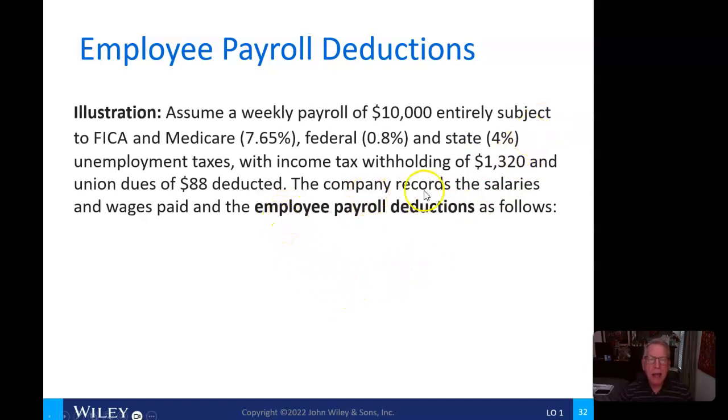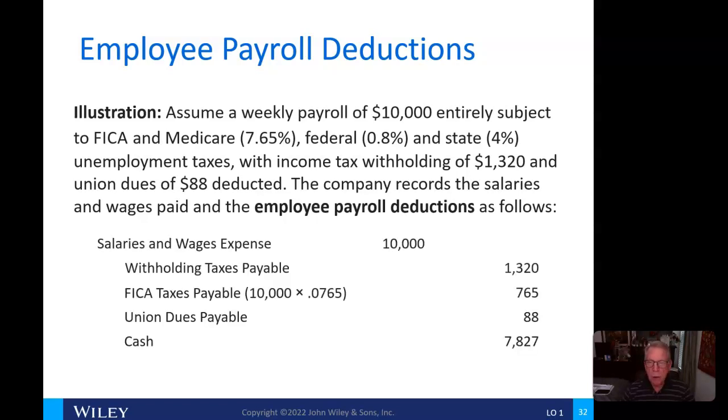And with income tax withholding of $1,320 and union dues of $80, the company records the salaries and wages paid and the employee payroll deductions as follows. First, we're going to have our salaries and wages expense, and that's going to be the $10,000 weekly payroll. That's a gross number. Now, we also are going to withhold taxes, state and federal, sometimes local.